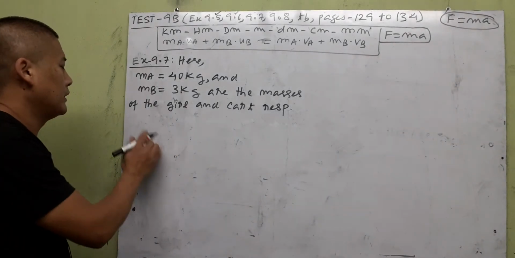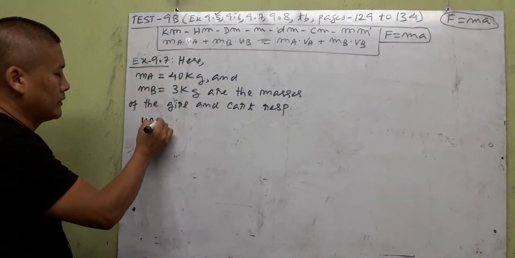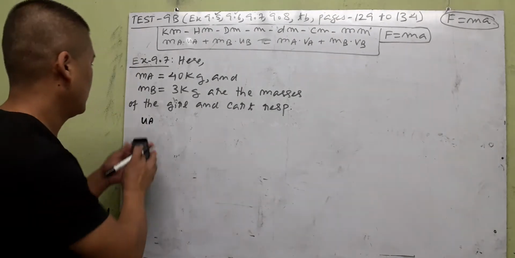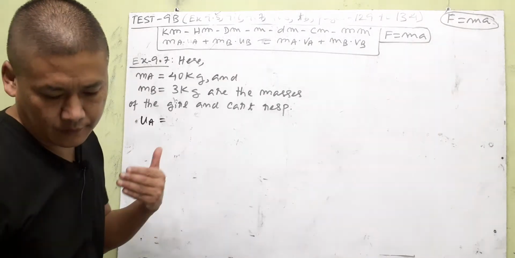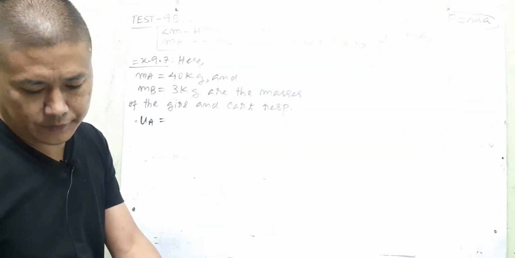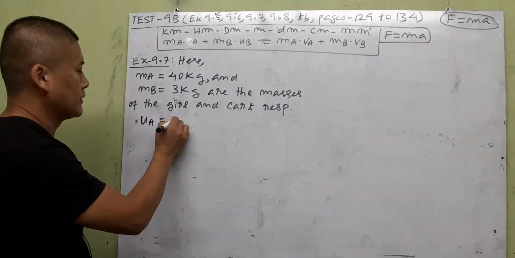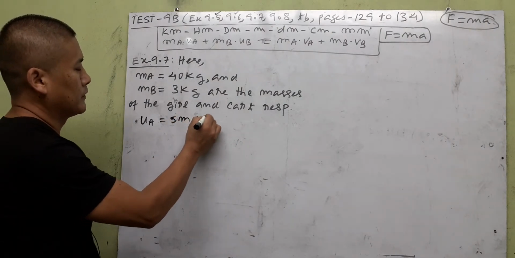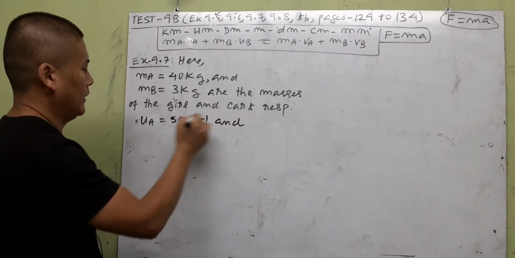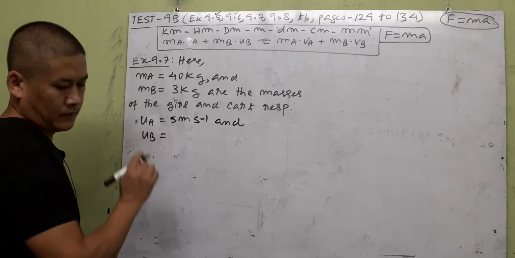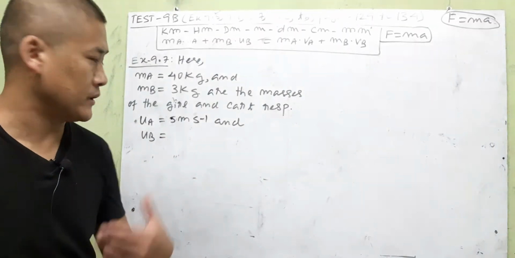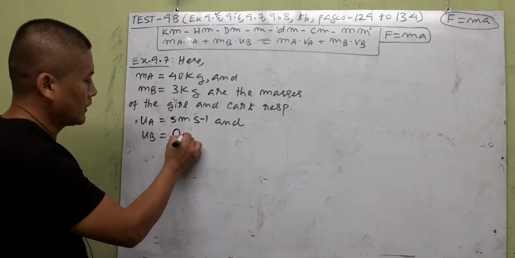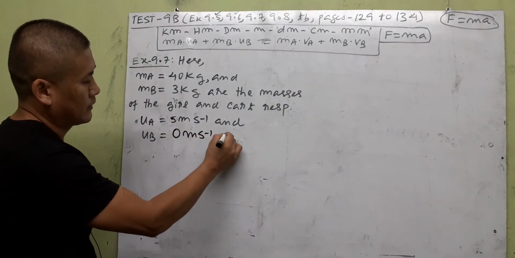Now initially UA is the initial velocity of the girl, who moves onto the cart with a horizontal velocity of 5 meters per second. And UB, onto a stationary cart. Stationary means not moving, so initially the cart has no velocity, 0 meters per second.